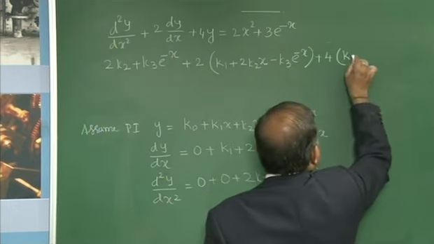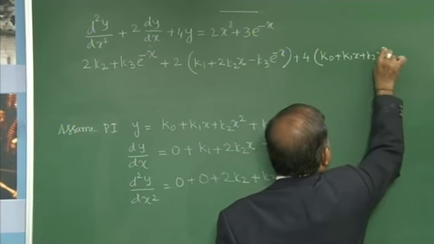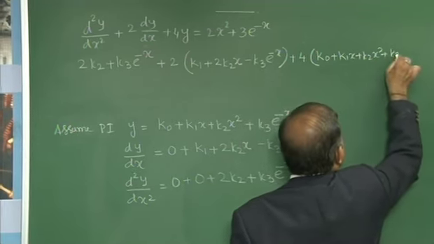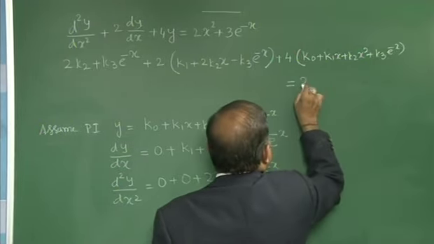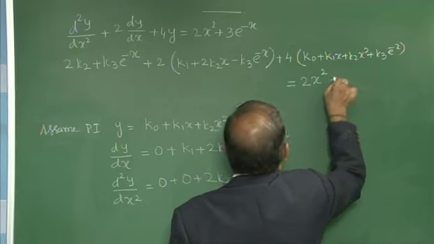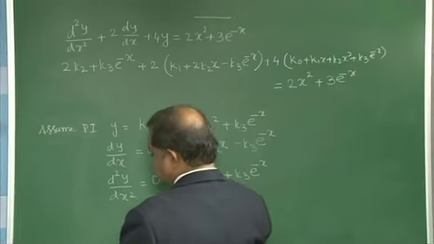What is y? k0 plus k1x plus k2x square plus k3 e power minus x, that is equal to, on the right hand side, 2x square plus 3 e power minus x.